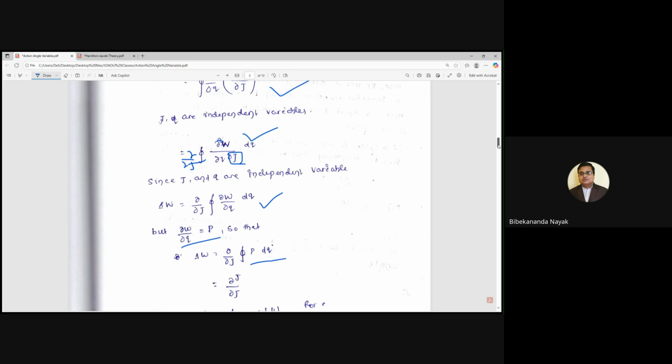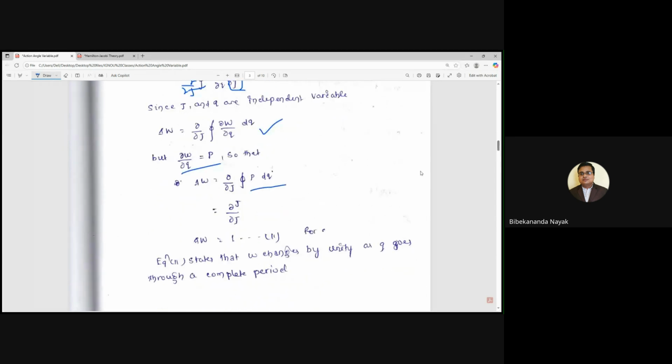But by the formula, J is equal to the integral of P dQ. Putting that in, del w gets 1. So w changes by unity as Q goes through a complete period.